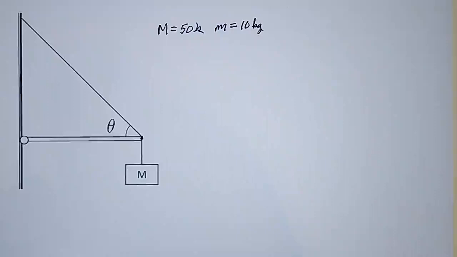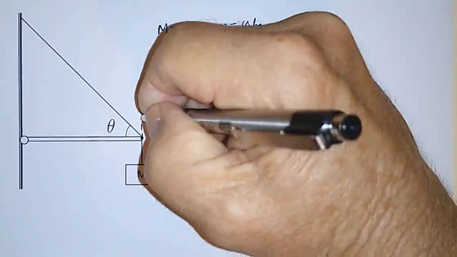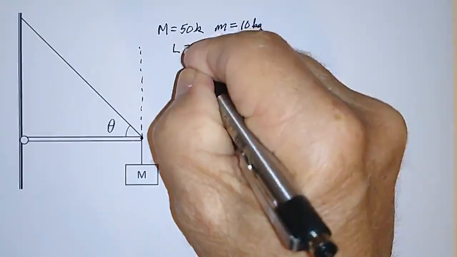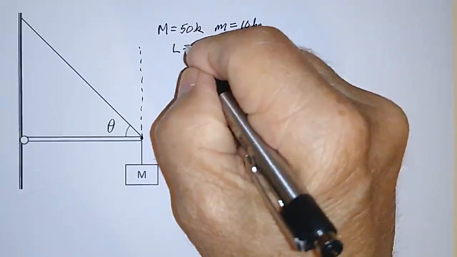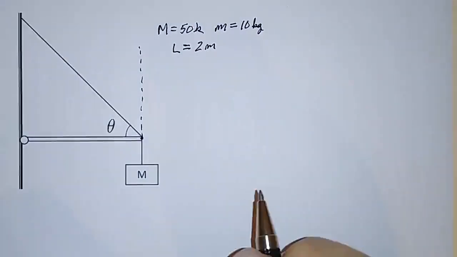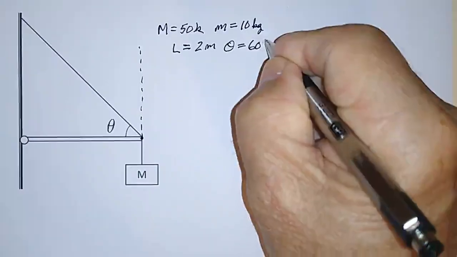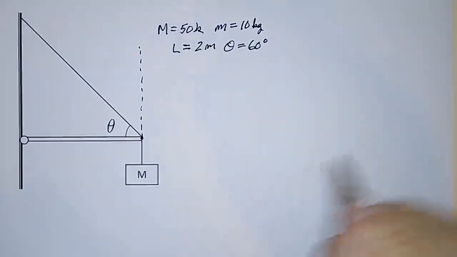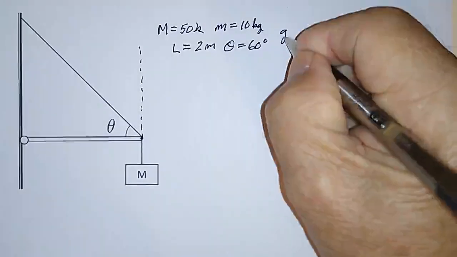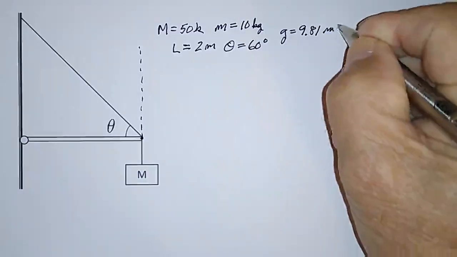And let's say that the length of the bar, L, we'll call it, not that we really need it, but let's put it on there anyway, is 2 meters. And let's say that the angle, theta, is equal to 60 degrees. And the acceleration due to gravity, g, is equal to 9.81 meters per second squared.